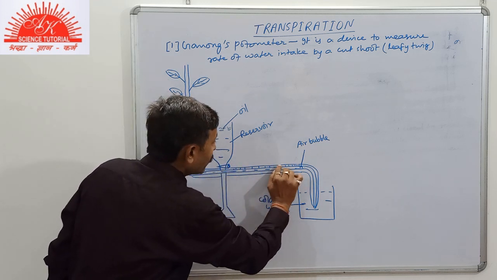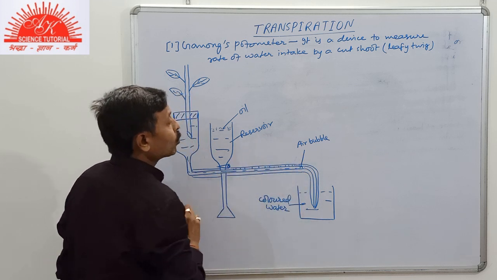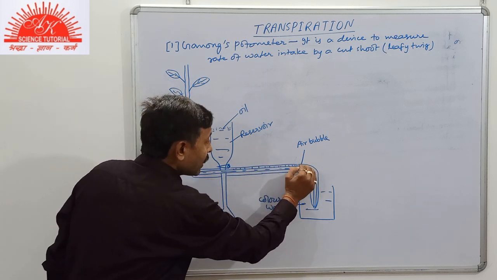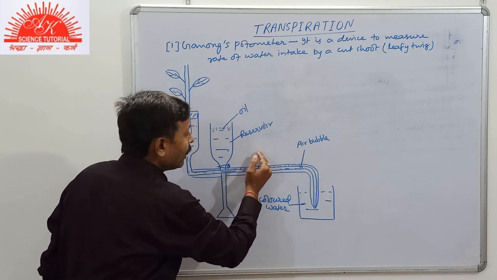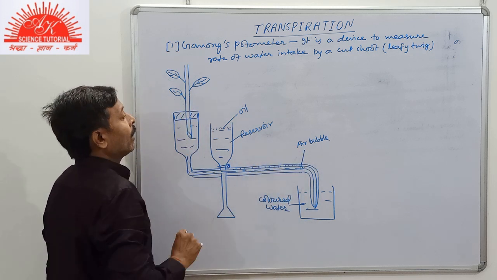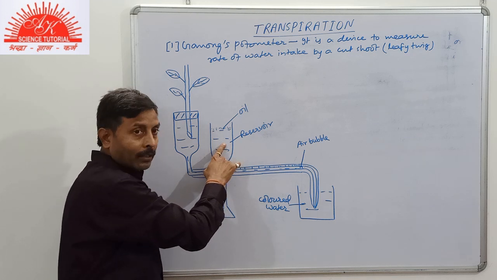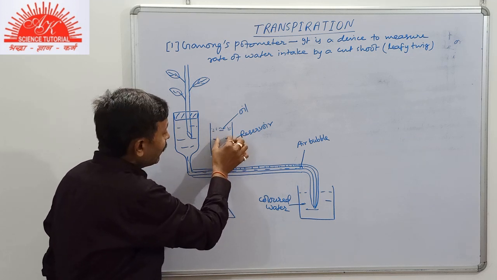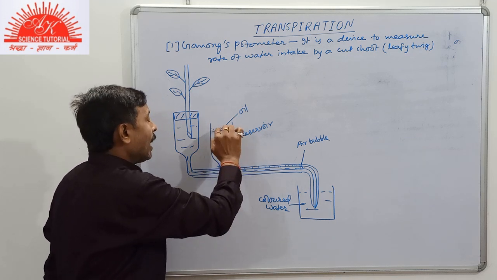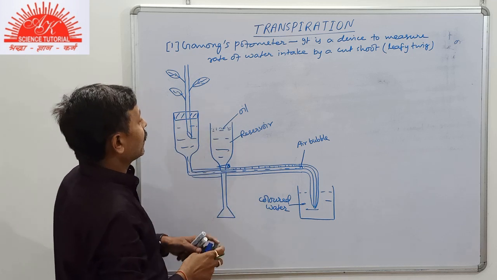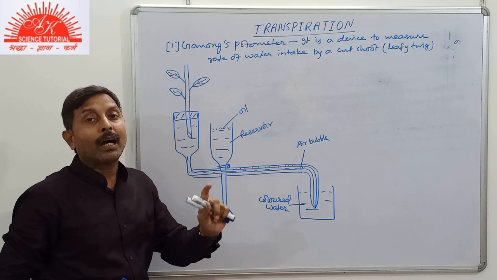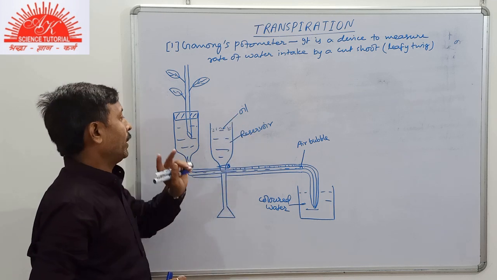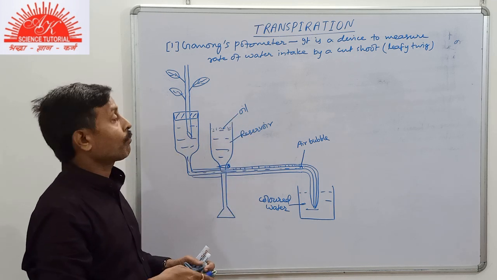On this horizontal tube, a scale is marked to measure the distance moved by the air bubble through the tube. Now, here is the reservoir. The reservoir is filled with water, and at the top of the water, oil is placed to prevent loss of water by simple evaporation from the free surface.